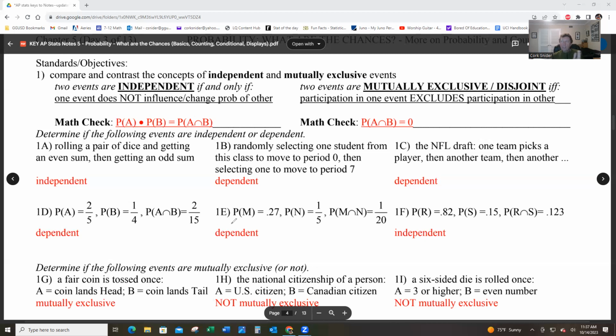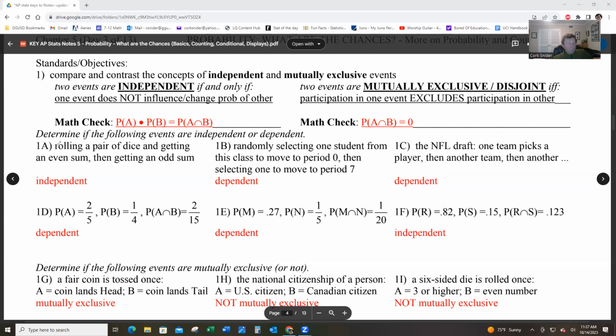We don't get into the levels of influence until later on in the course when you start studying the chi-square tests for independence. But for right now, if things are not perfectly independent, we call them dependent, even if there's very little influence. Okay, just for some clarification.